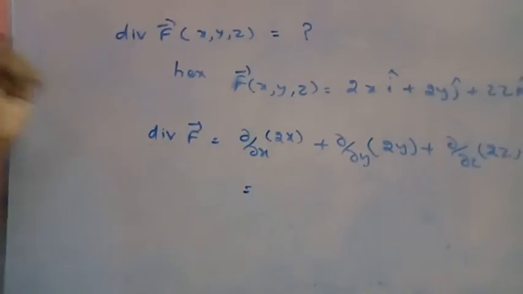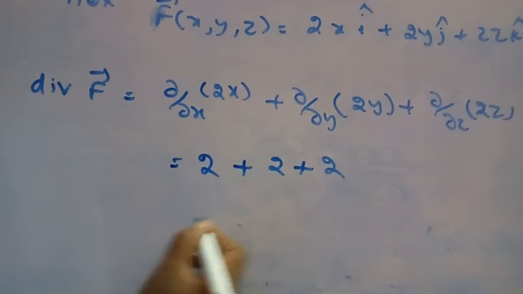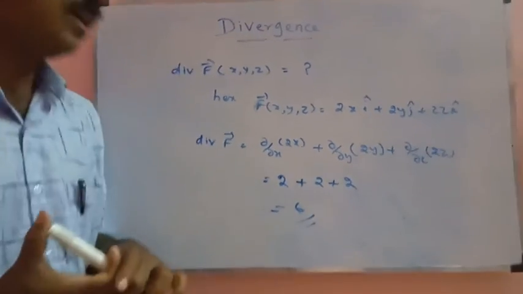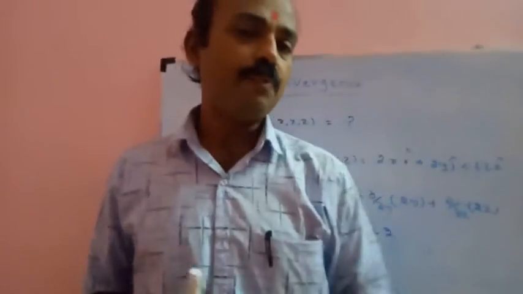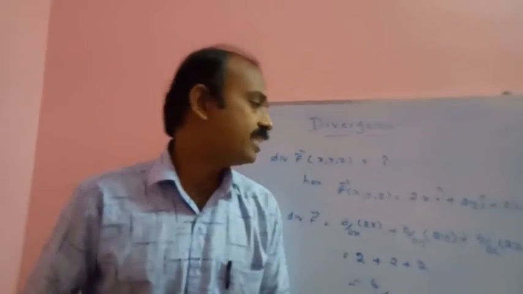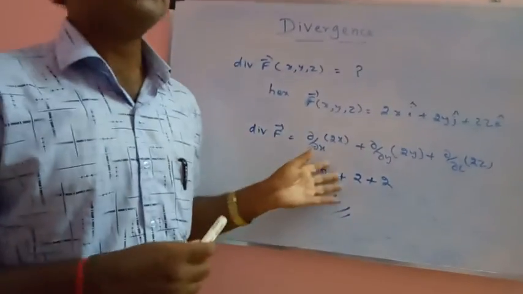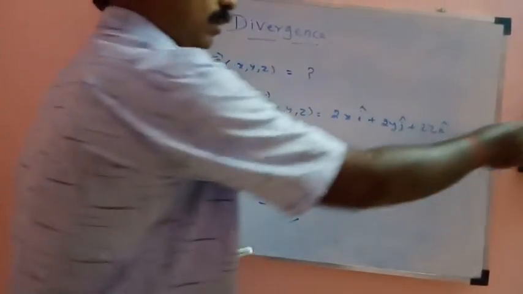The differentiation of 2x is 2, here it is 2, and here it is 2. So this is the answer. The divergence of the field vector F, 2xi plus 2yj plus 2zk, is 6. This is an example of how to find it.